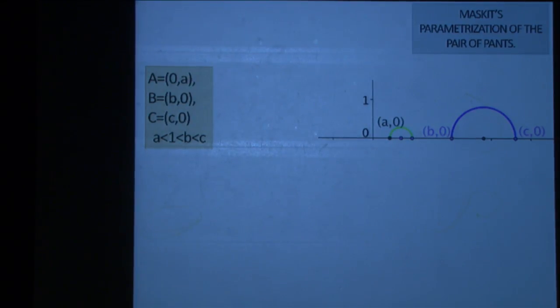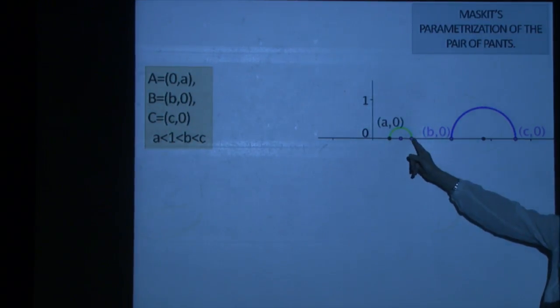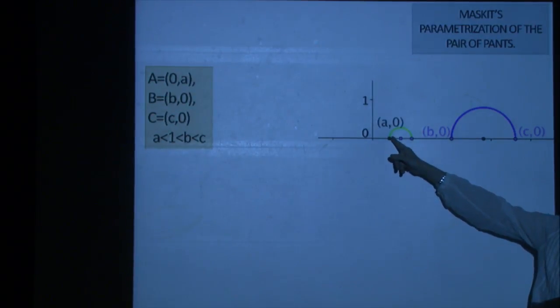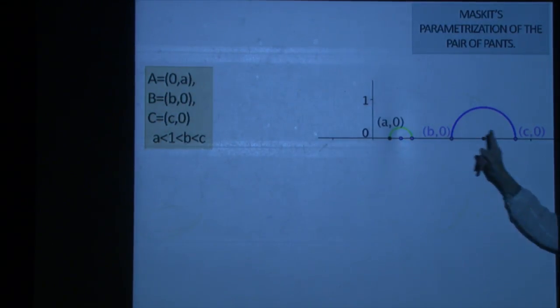So let's see how to make a pair of pants using matrices. This is the upper half plane, and the green and the blue are 2 geodesics. We are given 3 numbers, A, B, and C. I didn't write it down, but this is 1. This is A, a number between 0 and 1.